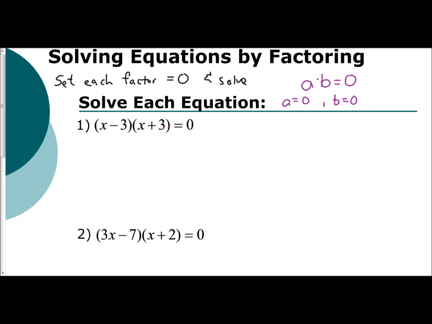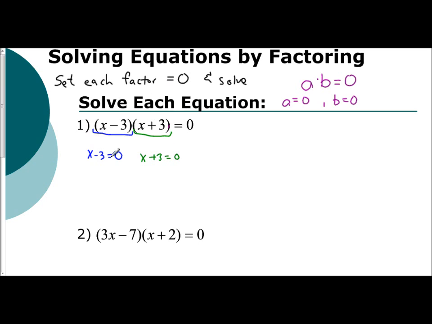So if I have the quantity x minus 3 times the quantity x plus 3 equals 0, what I do is I set each factor equal to 0, and I'm going to solve. So x minus 3 equals 0, and x plus 3 equals 0.